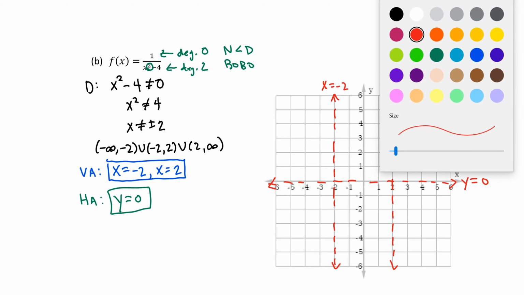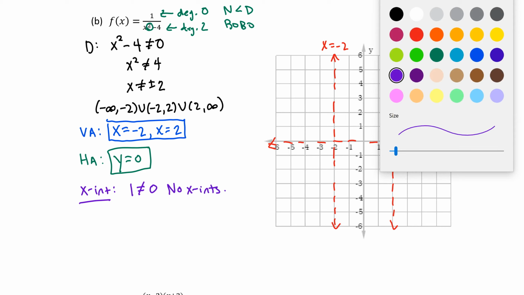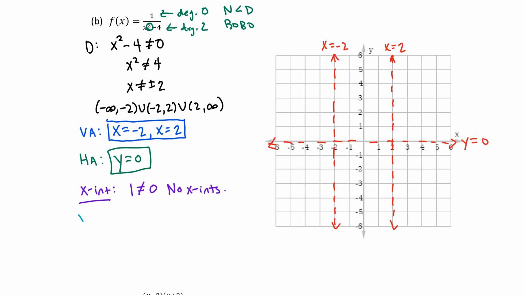Next, let's find our x and y intercepts. The shortcut for the x-intercept is to set the numerator equal to 0, but again, we get a contradiction as we did on example A, so our conclusion here is there are no x-intercepts. And the final piece of information that we need is a y-intercept, and we can do this also with a shortcut.